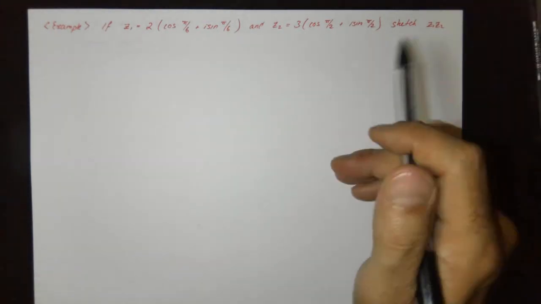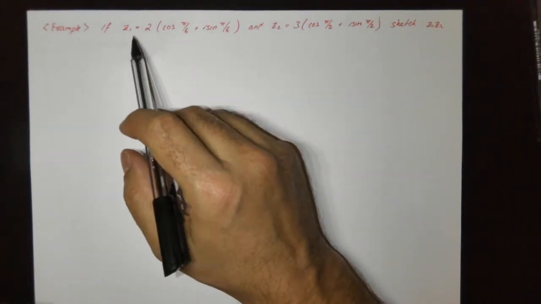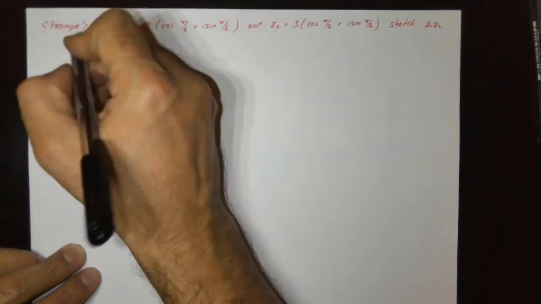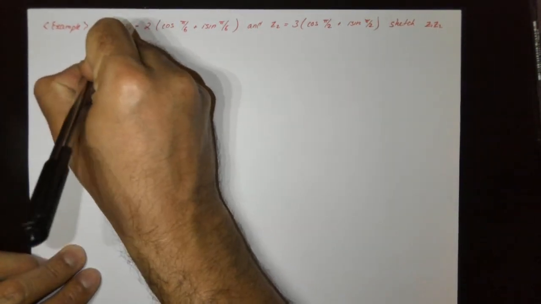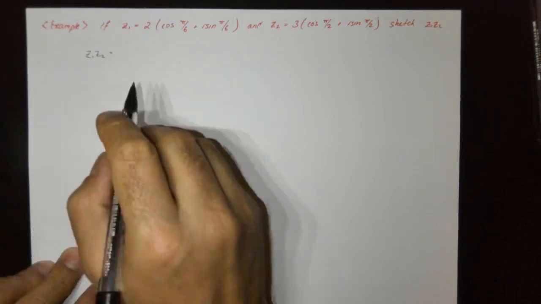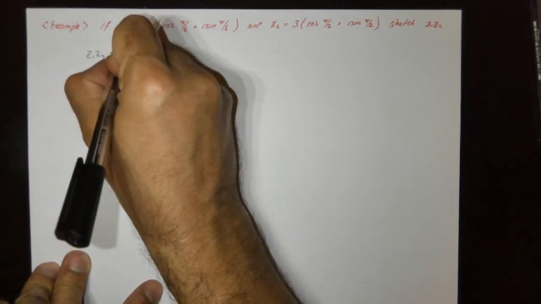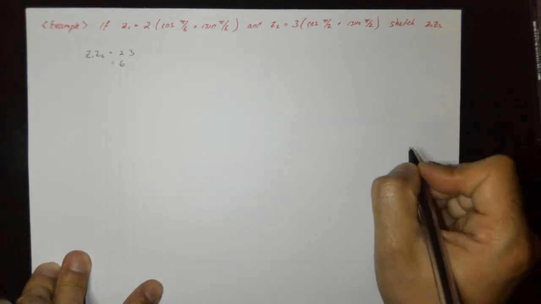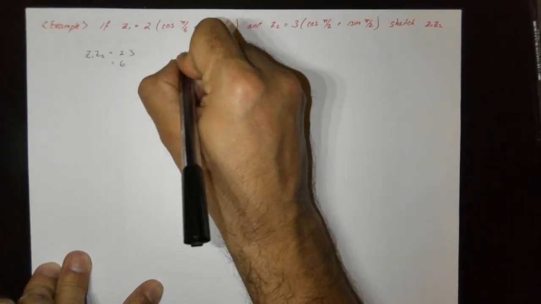All right. So looking at this, I've got Z1 and I've got Z2. If I want to sketch Z1 Z2, the first thing I need to do is multiply the moduli together. So that's 2 times 3, which is 6. And then I'm going to add the arguments together.